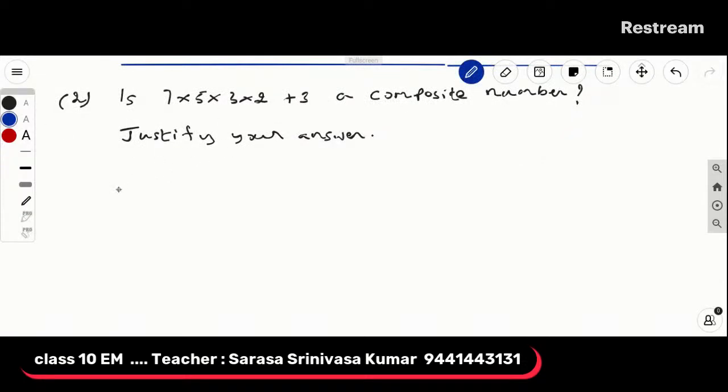So we can write the given number, 7 multiplied by 5 multiplied by 3 multiplied by 2 plus 3. In both terms, 3 is the common factor. So this can be written as 7 multiplied by 5 multiplied by 3 multiplied by 2 plus 3 multiplied by 1.